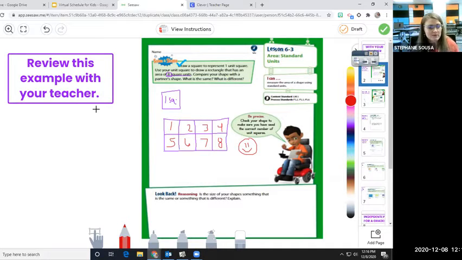Good, I'm seeing some thumbs up. The next question says, compare your shape with a partner's shape. What is the same? What is different?